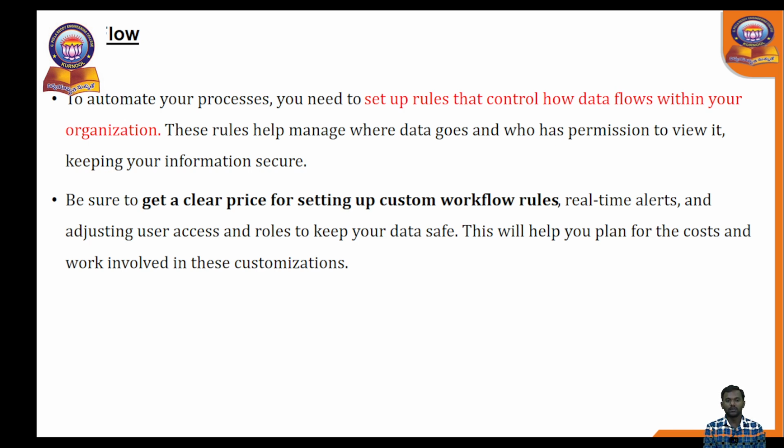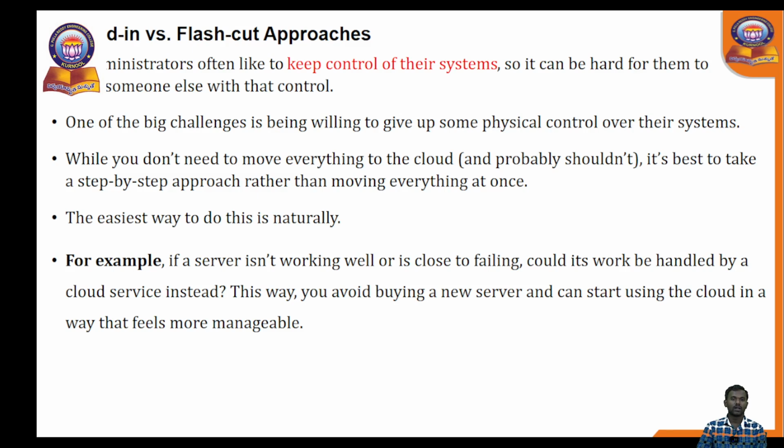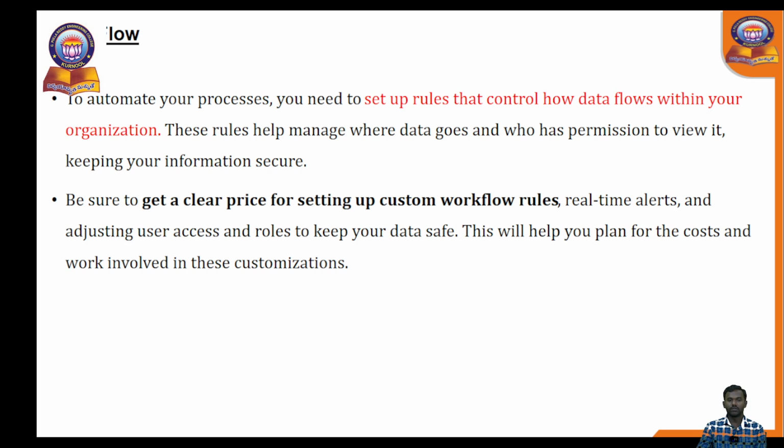Be sure to get a clear price for setting these workflow rules, real-time alerts, and adjusting user access and roles to keep your data safe. This will help us plan for the cost and work involved in these customizations. So these are the various issues we have to keep in mind when we are moving our applications to the cloud.